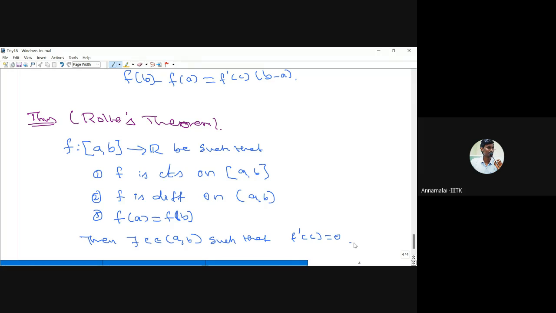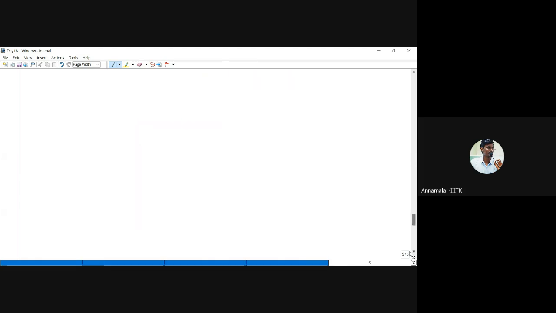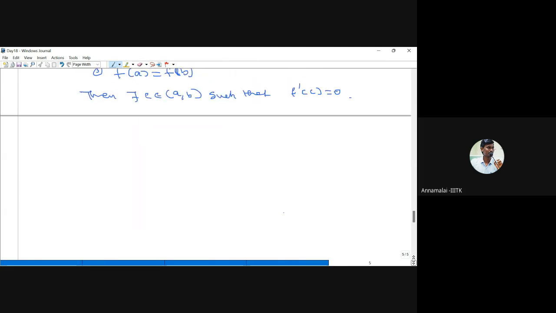Now we will see some applications of the mean value theorem, MVT. What are the applications? Exercise. Suppose a function's derivative is 0 at all points.